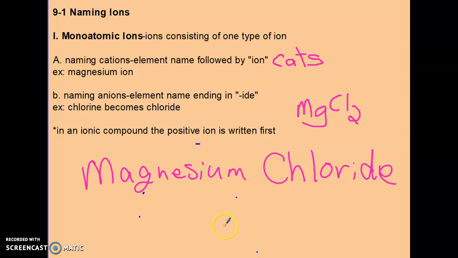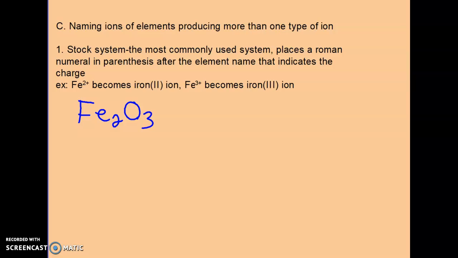For polyatomic ions, we just use, again, the names that are on that ion sheet. One other thing that we need to understand, and I know I've mentioned these Roman numerals. The Roman numerals tell me in the name, so if I have the iron 2 ion, that means it's iron with a 2+.